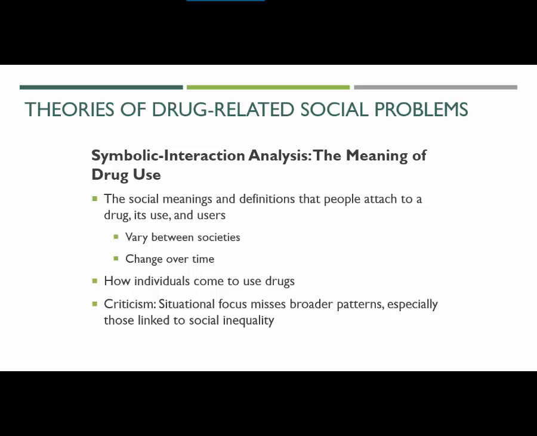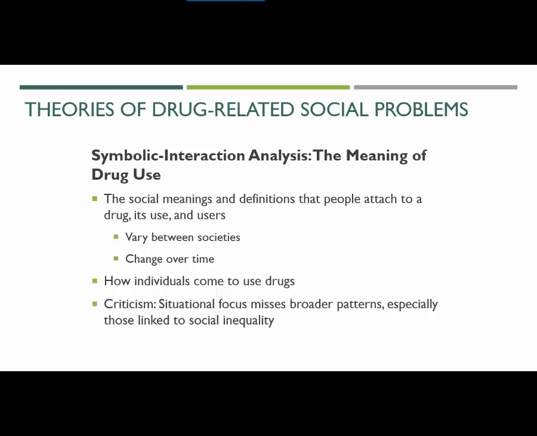And then the final of the theories is the symbolic interactionists. They are interested in studying the social meanings and definitions that people attach to drugs and its users, and it's the point that I've already made, that this can vary between societies. It changes over time. Symbolic interactionists are also very interested in how people come to use drugs.